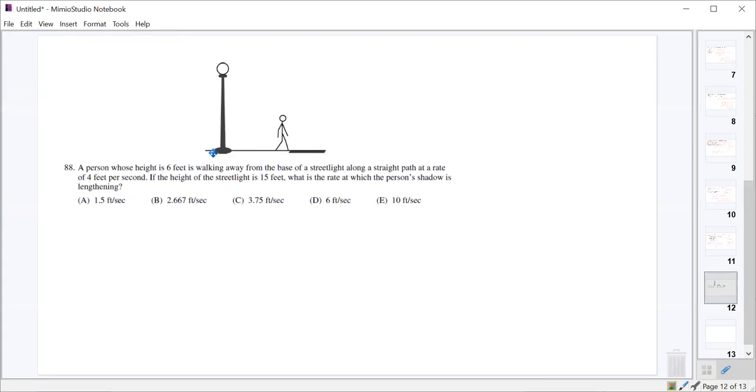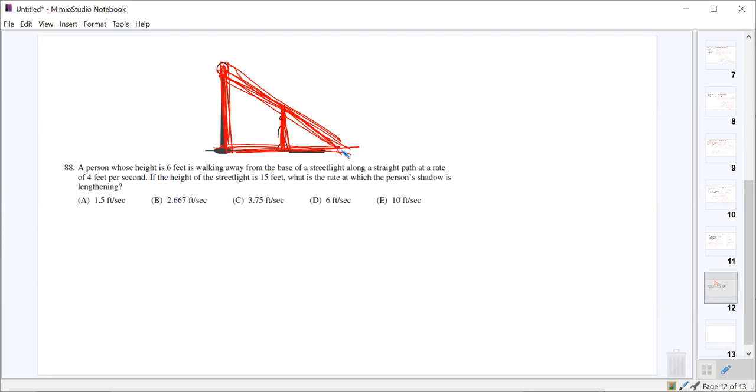All right, we got a person, 6 feet, walking away from the base of the street light. We want to know what is the rate at which the person's shadow is lengthening. So we can do this. Pretend like I drew that really nicely. There's our person. There's our street lamp. There you go.